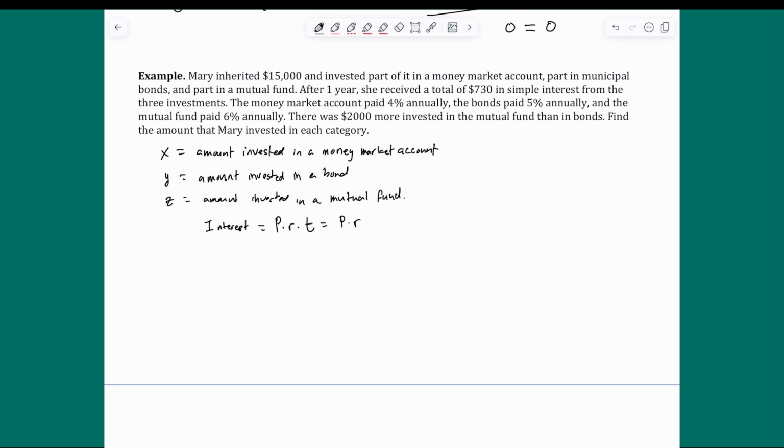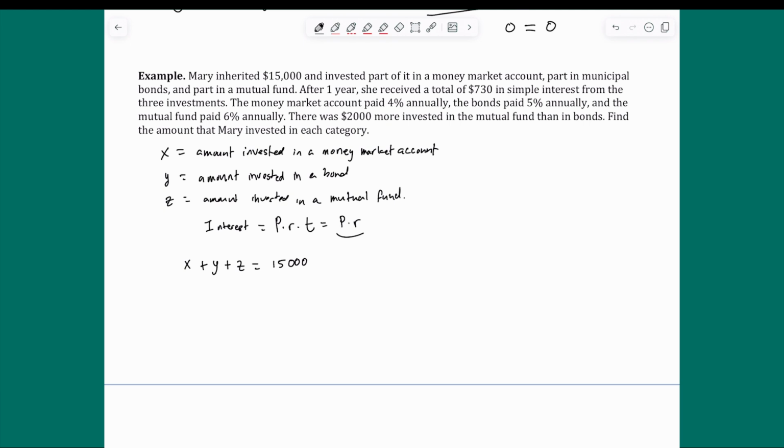Before we use that formula, we know that x plus y plus z, the sum of how much we're putting into each account, has to add up to $15,000 because that's how much Mary inherited.